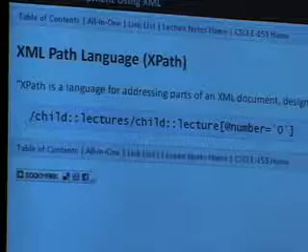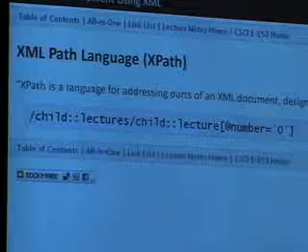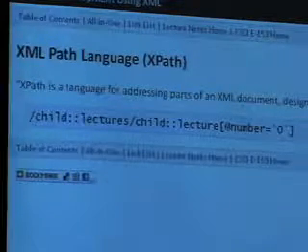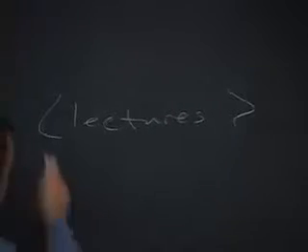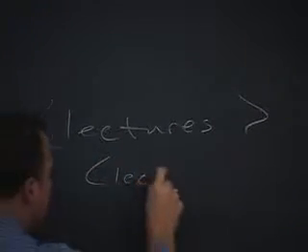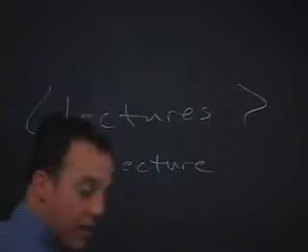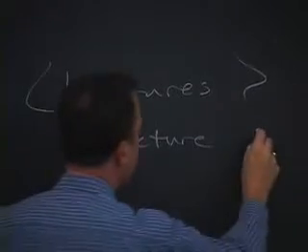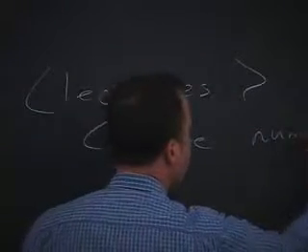So if we were to visualize or draw out the XML that this is really built against, we have lectures, lecture, and then that lecture would have an attribute of number.